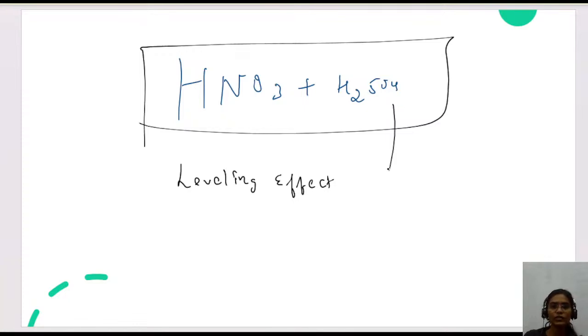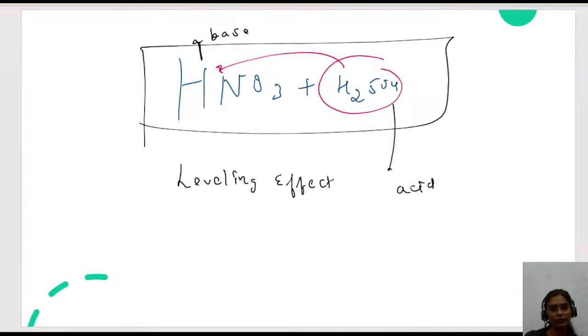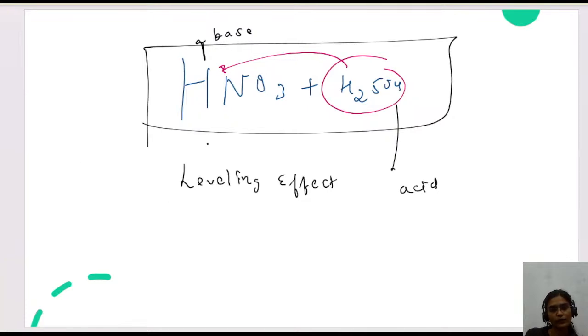If some strong acid is already present, the second acid behaves like a base. Then it takes this hydrogen from here. It means this becomes NO2 and water, and HSO4 negative is generated here.